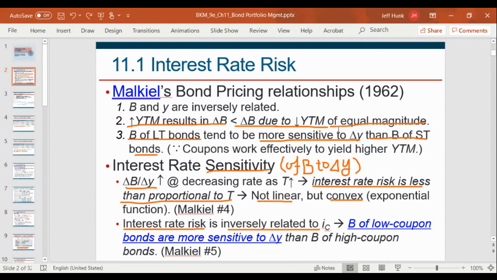From the borrower's perspective, from the bond issuer's perspective, the interest they pay is coupon interest, and coupon interest is basically all fixed.